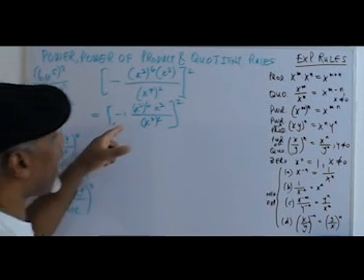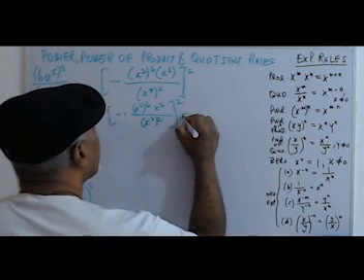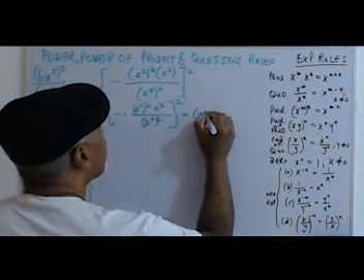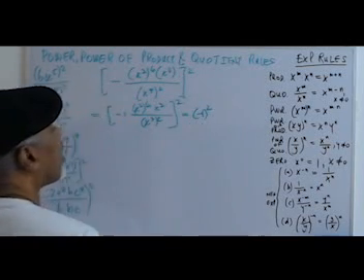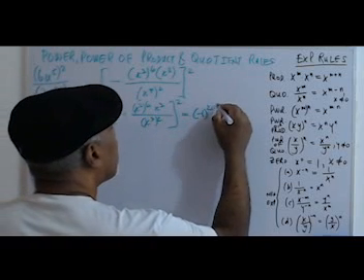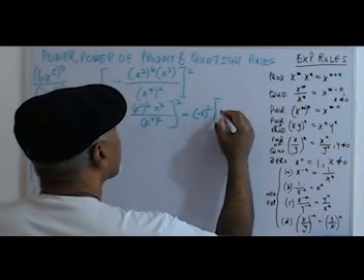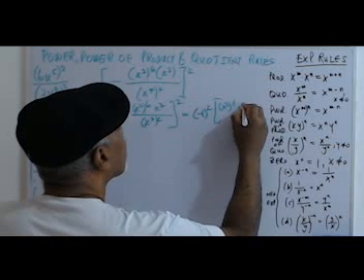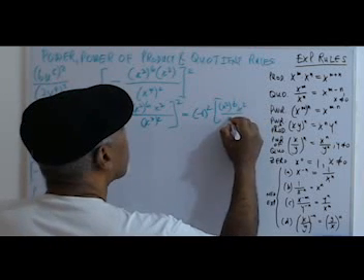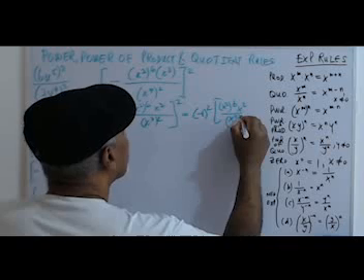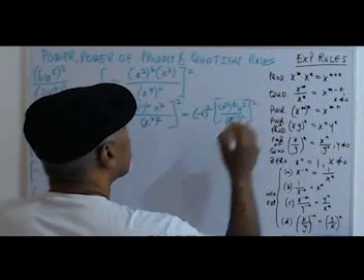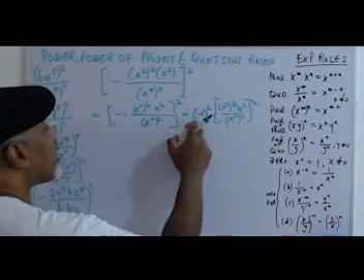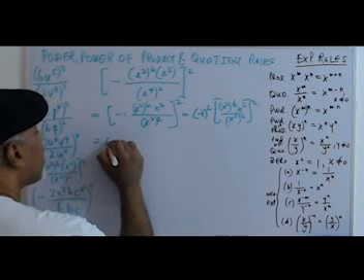Now, let's use the power of a product rule here. We have negative 1 squared, and then everything else is still there, x squared to the 6th, x squared over x to the 7th squared. Now, a negative number to an even power is positive 1.